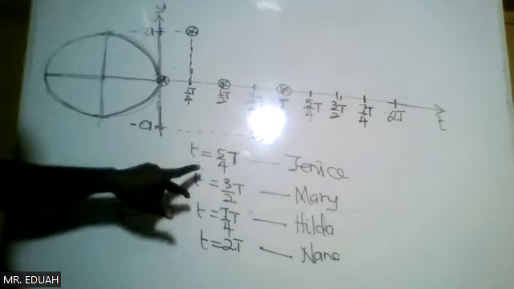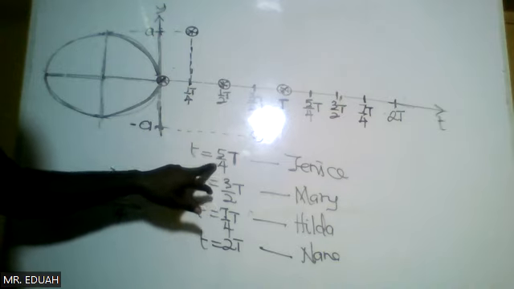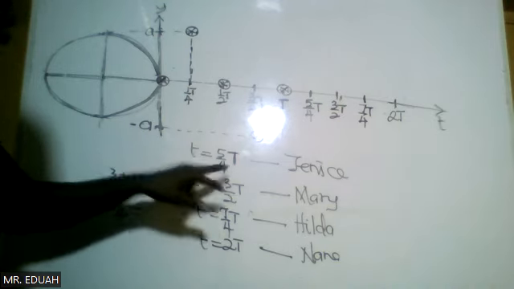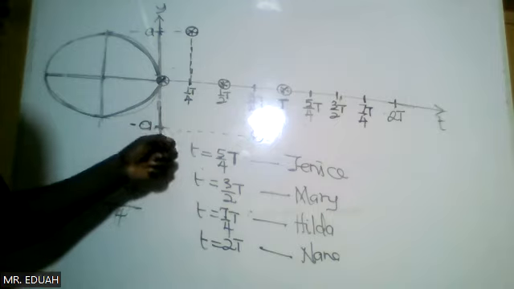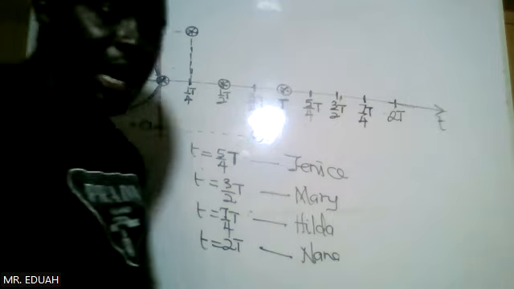Y at t is equal to 5/4 of T, what is y? Deborah, confirm with Janice. Calculate it too. Which one? T is equal to 5/4. What will be the period?